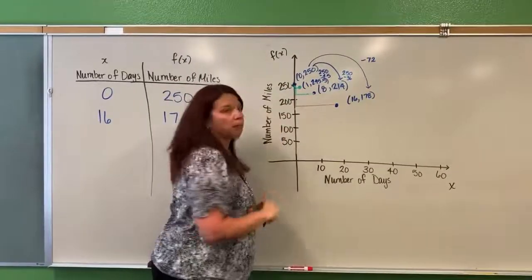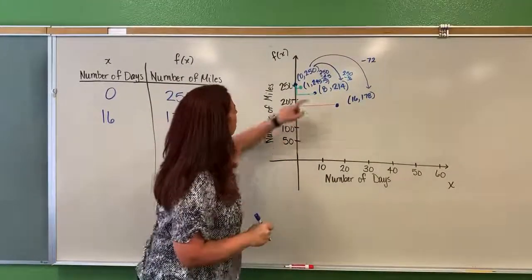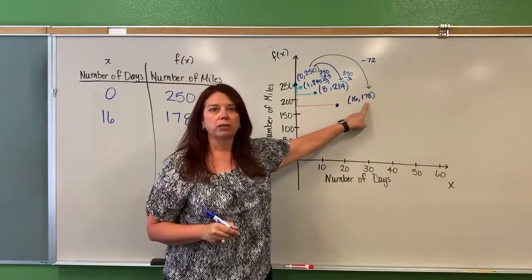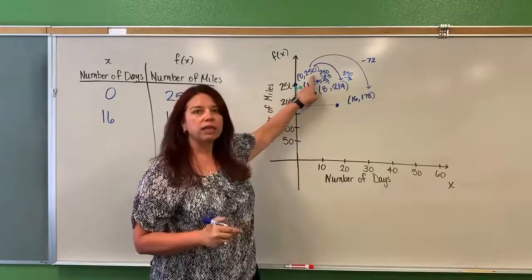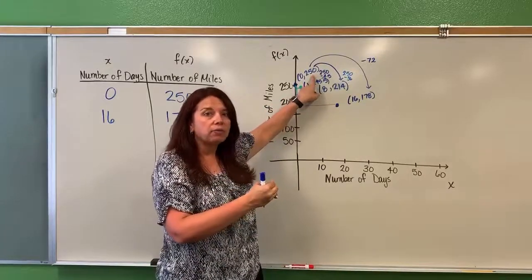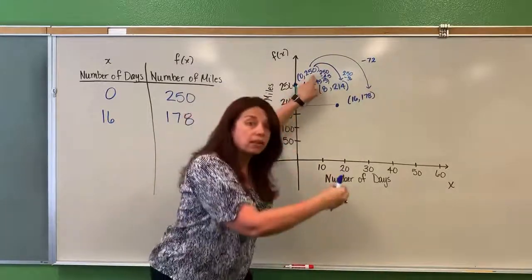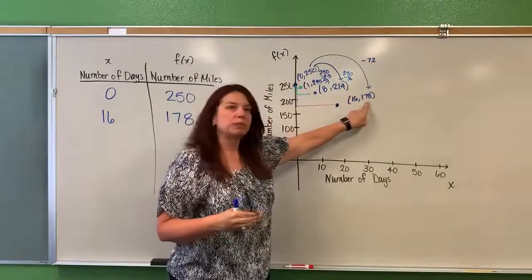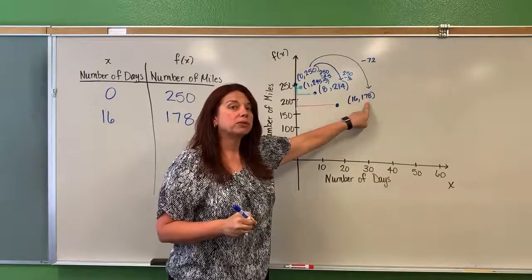So if I can check my work here, I know that in 16 days, I better land on 178 miles. If I start at 250 and I subtract 4.5, and then another 4.5, and then another 4.5, and I do that 16 times for 16 days that elapses, I better get to 178 miles.